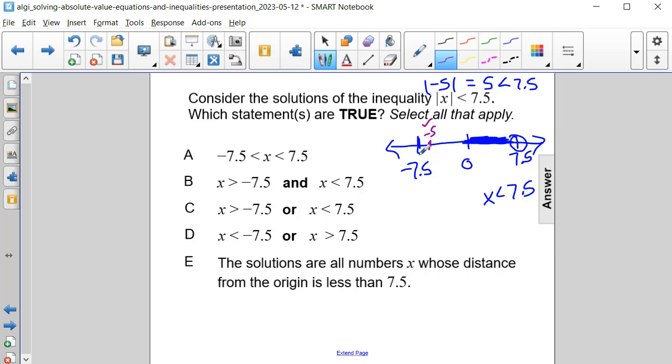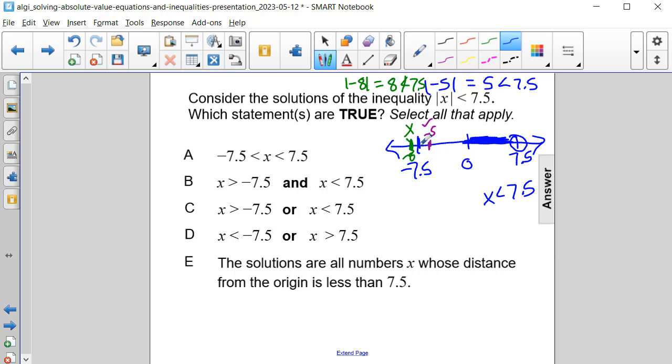This one works. If we were to check another value, let's say negative 8, its absolute value is 8, and that is not less than 7.5. So at negative 8, right here, we do not shade in that direction.